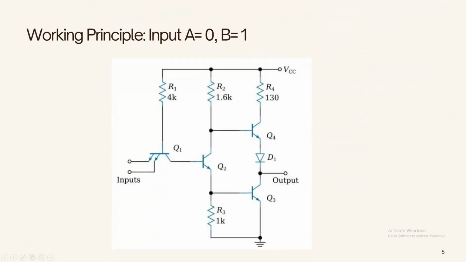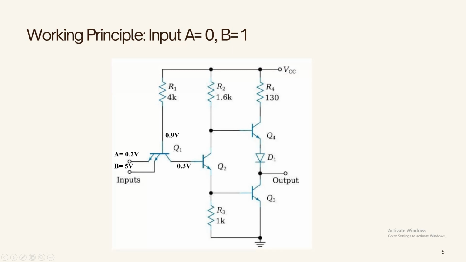Let's say we have a high voltage at one input and a low voltage at the other. In this condition, if we consider 0.2 volt at the A node and 5 volt at the B node, then if we want to operate the Q1 transistor with the base emitter junction in forward bias, we need at least 0.9 volt at the base, as there would be 0.7 volt drop at the base emitter junction.